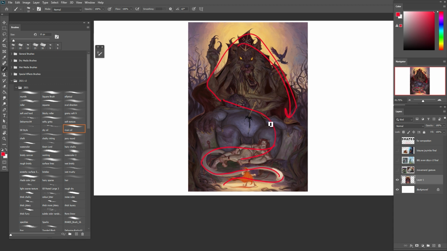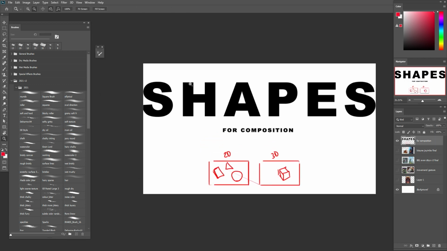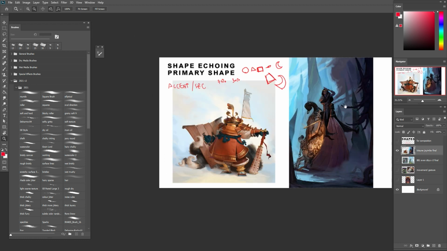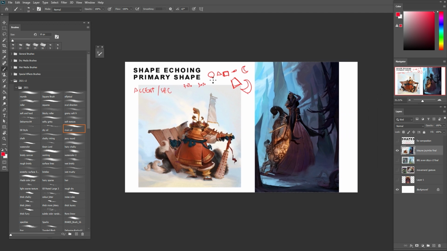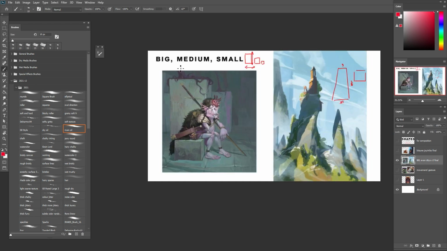So I think that about covers everything that I wanted to talk about here. It's not very extensive, but I think these are the very most important things. And just to reiterate again, keep your shapes tied in and coherent by using a primary shape. That doesn't necessarily have to be a literal geometric shape, but it can be a more complex or abstract characteristic of a shape. Then use a secondary or accent shape to create shape contrast, and order your shapes in a big, medium, small pattern if you intend to have an organic effect, which you most often will.